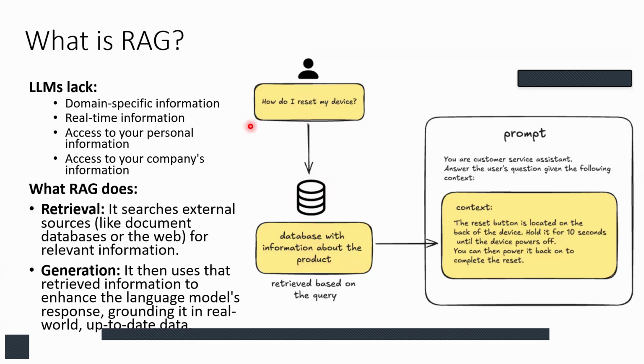If I simply ask this question to the LLM, it may not know what device you are talking about. But if I have that private information, catalog information, or my device information in a particular database, then the information according to my question will be retrieved from this database, and my prompt to the LLM will be constructed in such a way that: you are a customer service agent, answer the user's questions with the following context. This context is coming from my database.